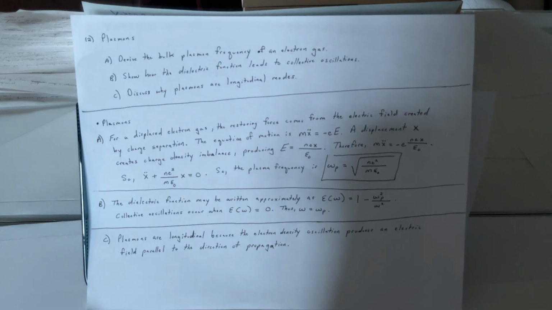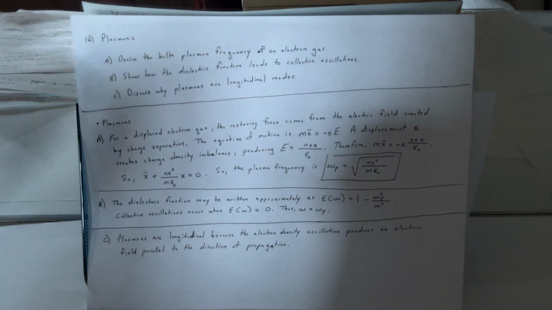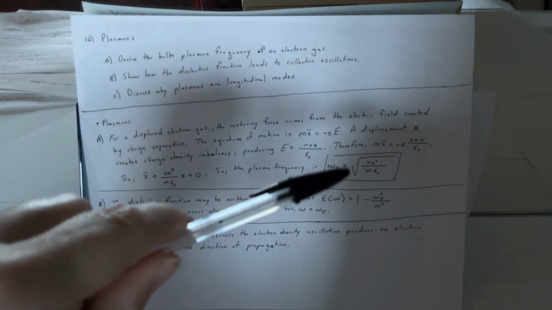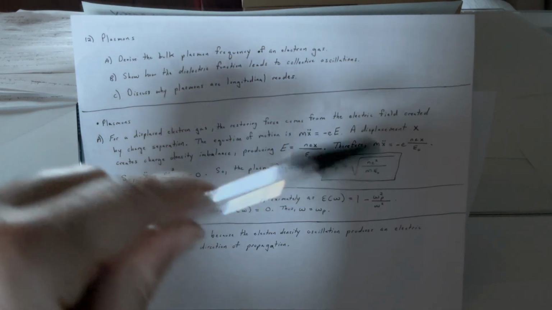And therefore, m x double dot equals negative e n e x over epsilon naught. So x double dot plus n e squared over m epsilon naught times x equals 0. So the plasma frequency, when we get omega by itself, omega sub p equals the square root of this whole thing.